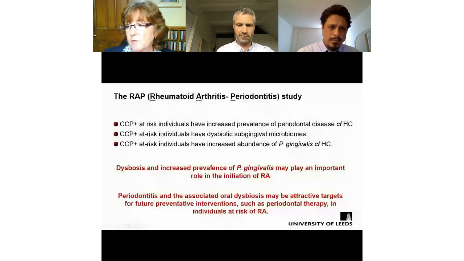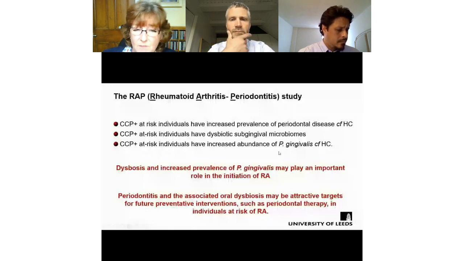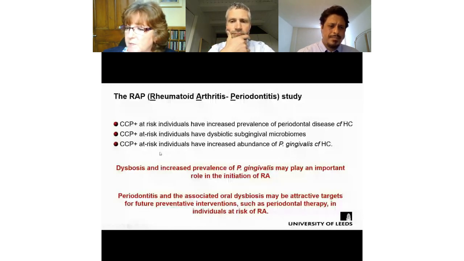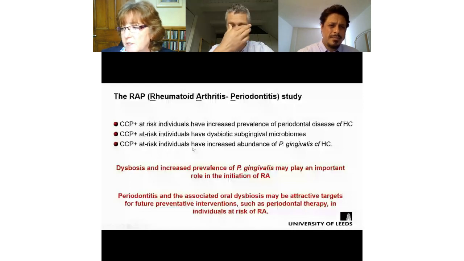So just to summarize quickly, we found that these at-risk individuals have increased prevalence of periodontal disease compared to healthy controls. They have dysbiotic or perturbed subgingival microbiomes, and they have an increased abundance of P. gingivalis, including at healthy sites compared to healthy individuals.